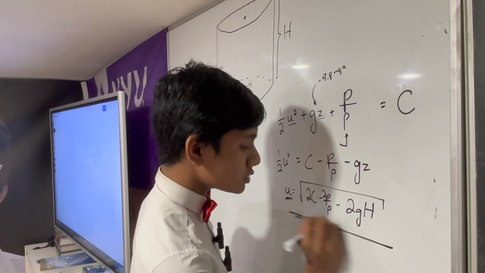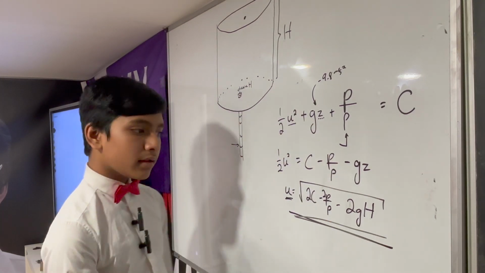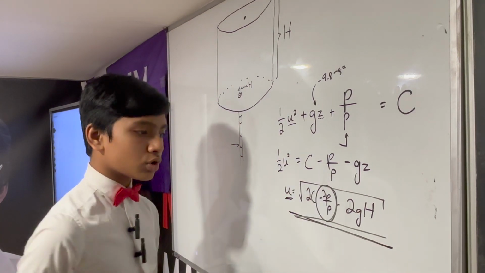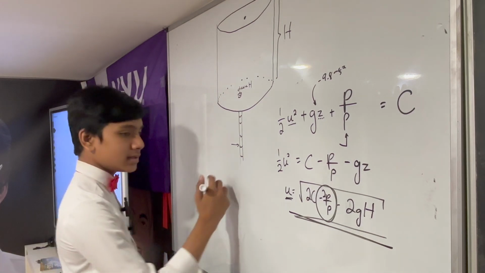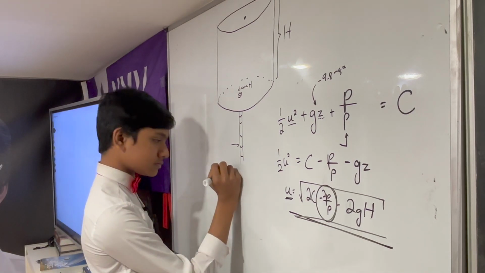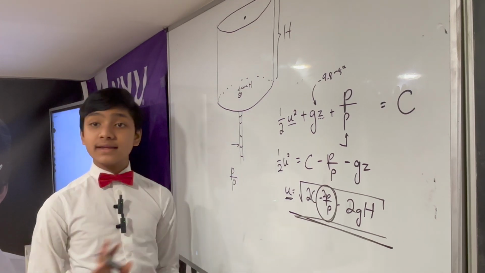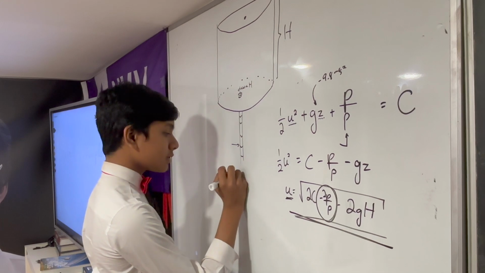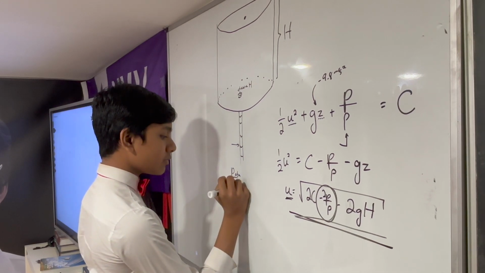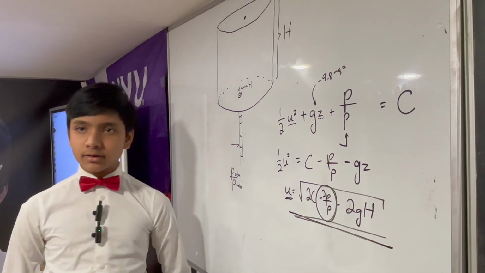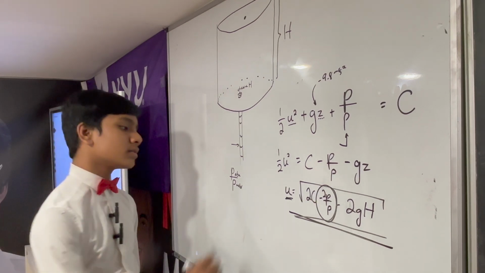So what's going on here? Well, this term looks a little bit nasty, but here's the thing. P over rho is tiny, really tiny, especially when you're dealing with regular air and regular water.